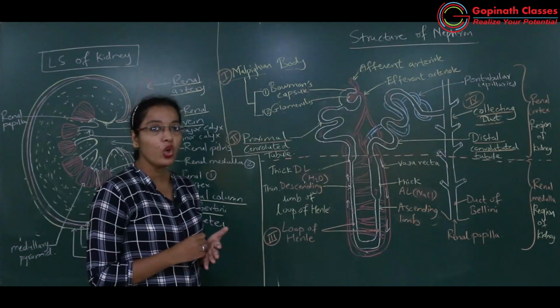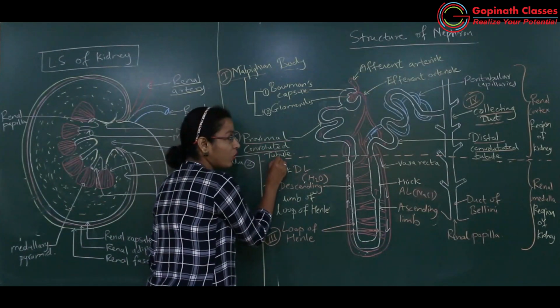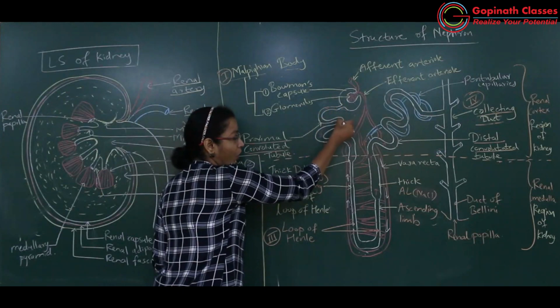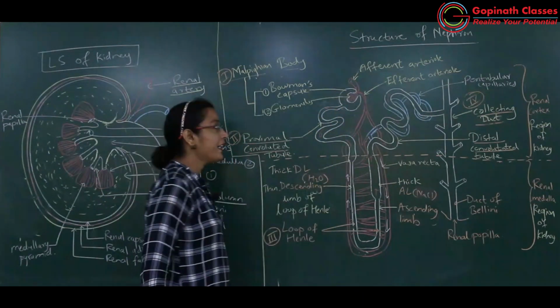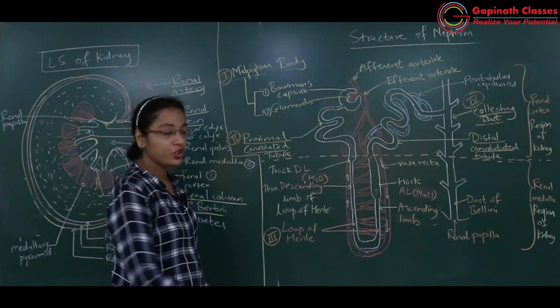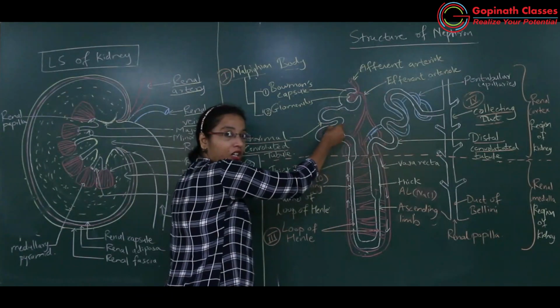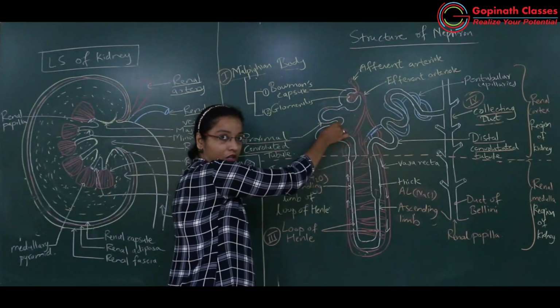So the renal tubule of the nephron consists of the proximal convoluted tubule. See, this is the proximal convoluted tubule. Why is it called proximal? Proximal means anterior part. So this is the anterior region of the tubular part of the nephron.